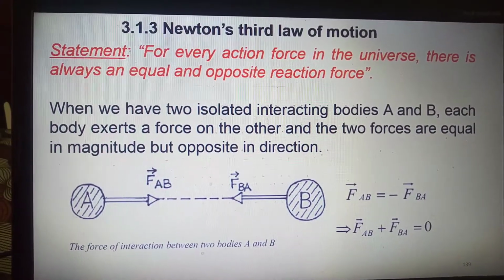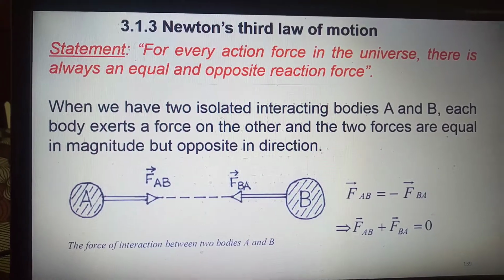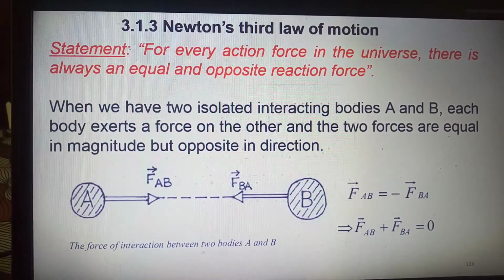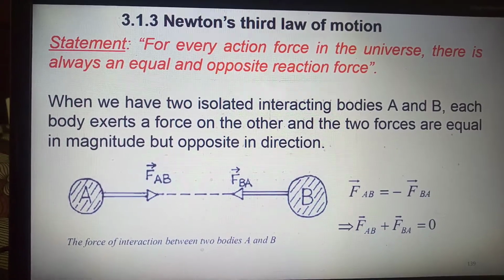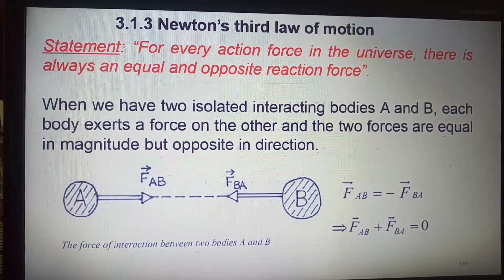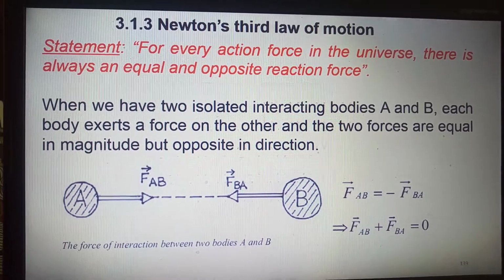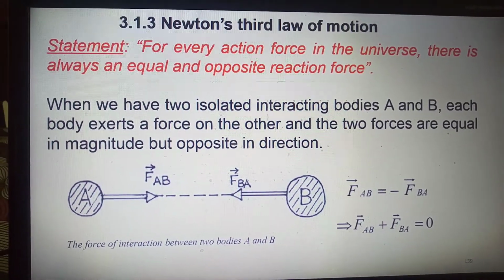Newton's third law is called the law of action and reaction. This law states that for every action force in the universe, there is always an equal and opposite reaction force.